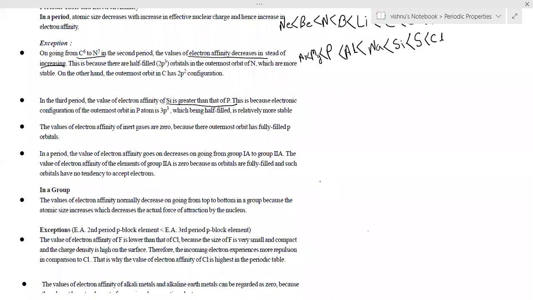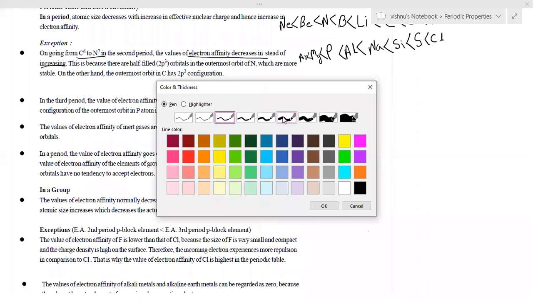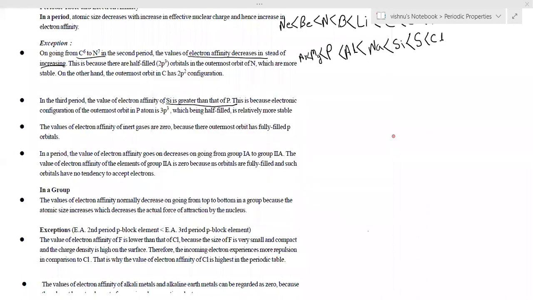So all of you understood these 3 points? The first 3 exceptions are already cleared in this order.